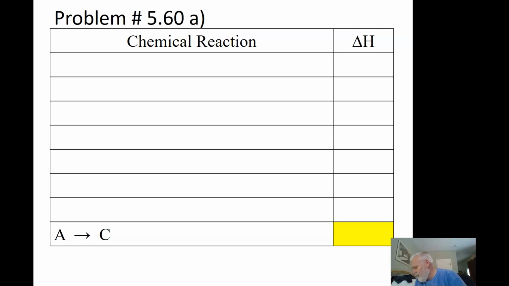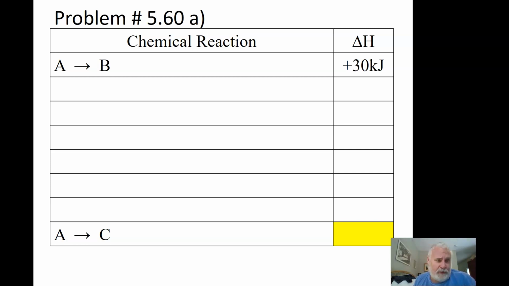Now it says use Hess's law to calculate the enthalpy change for the reaction. So this first one's kind of overkill. I just used the same template. So in your notes you can just space these out and just use these as lines on your page. But this is just going to be 3 lines that we'll need for this one, because A going to B, you can see, is a positive delta H value.